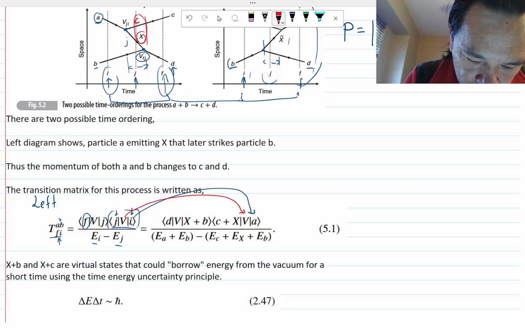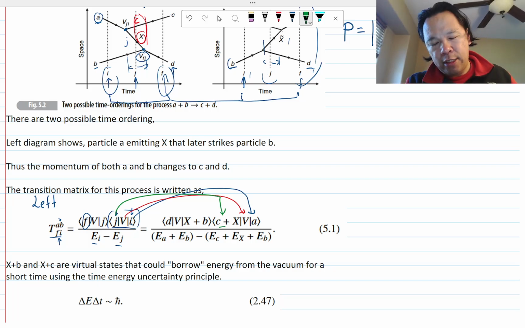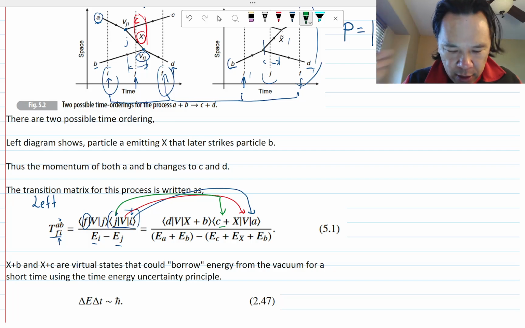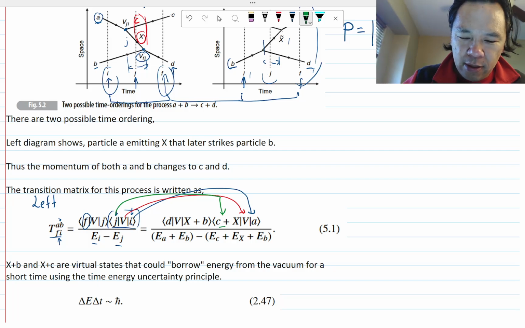This intermediate state is a combination of both particle C and this X particle. And if that's bothering you, just think about A as an electron, C as the final electron, and X as the photon between them.